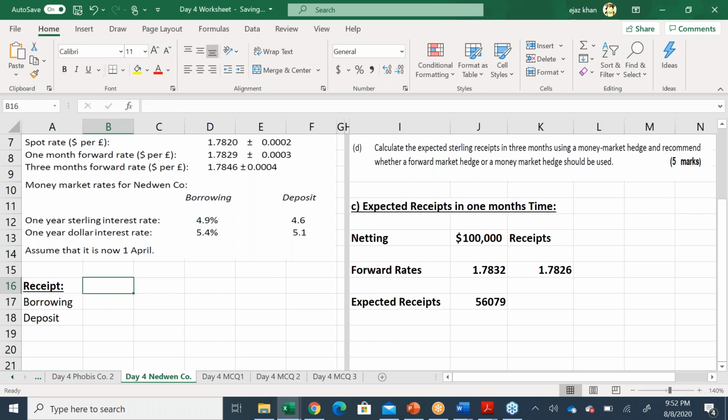Okay, and for a receipt, remember, for a receipt, let me write both together. And you people have to memorize it, right?